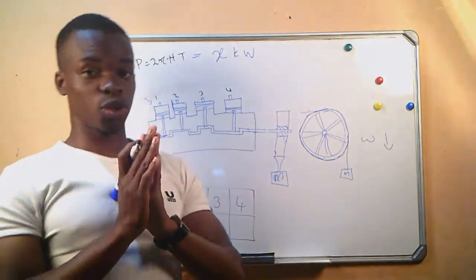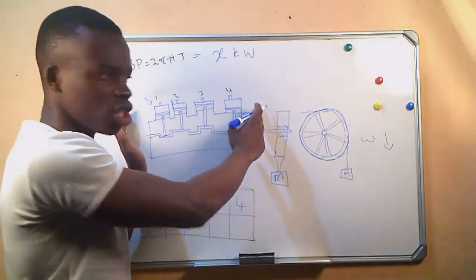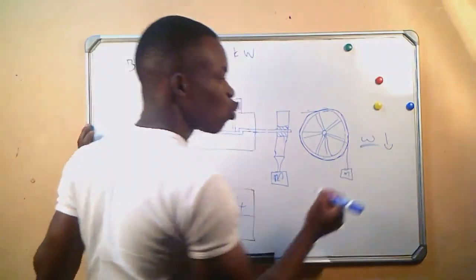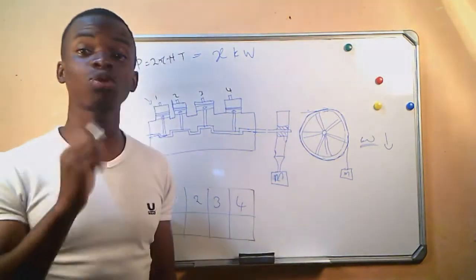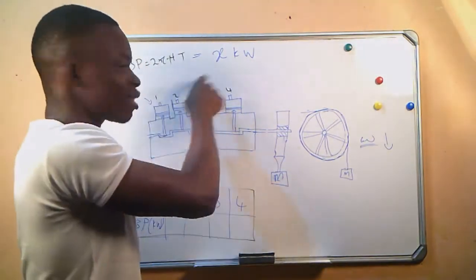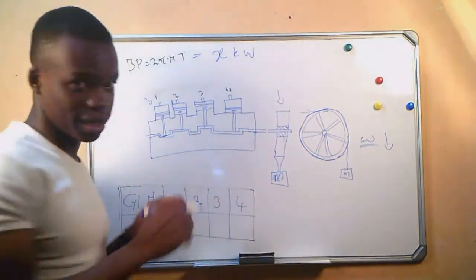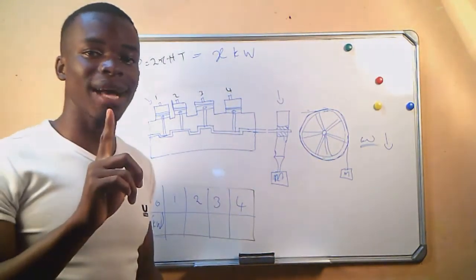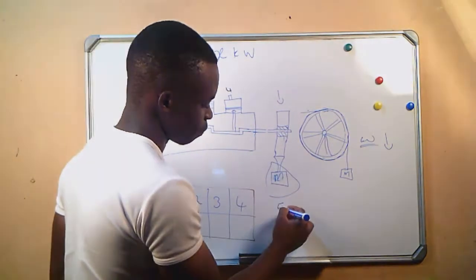Now what we want to do is, regardless of what is happening inside the engine, we still want to have the same rotation, the same angular velocity as we were having when all 4 cylinders were working. We come to the dynamometer. Remember, there is a mass that is mounted on the dynamometer. Let's say this is 5 kg.